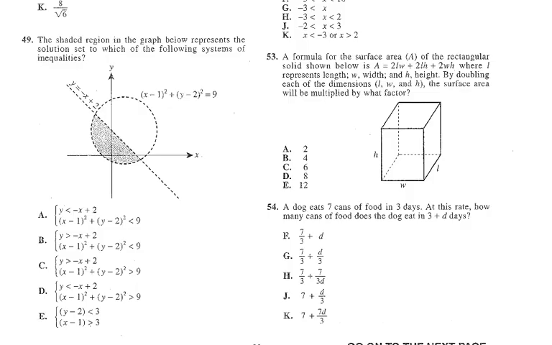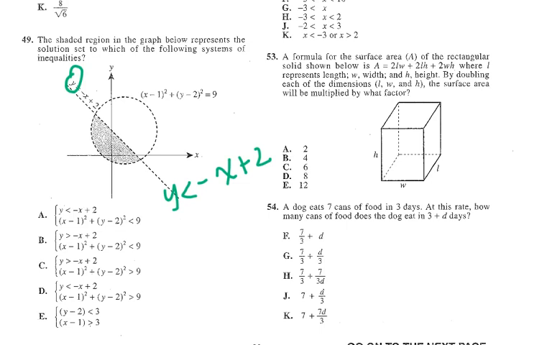For 48, the shaded region, according to the shaded area, will be below this line, y equals negative x plus 2. It will be below that. Therefore, it will be y less than negative x plus 2. For the circle part, what's the meaning of this equation?